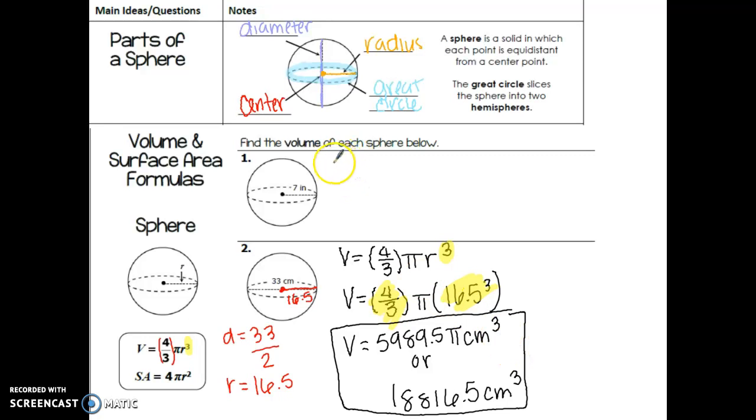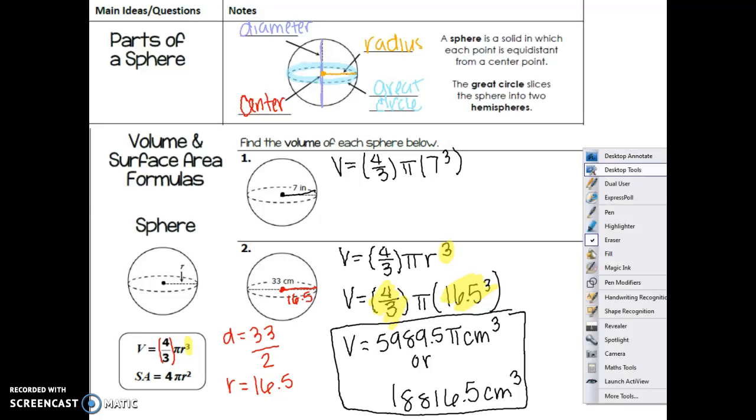For number 1, it's going to work the same way, but this is a little bit easier because we have our radius done for us already. So we would say volume 4/3 pi radius cubed.